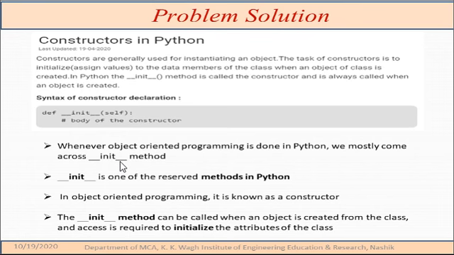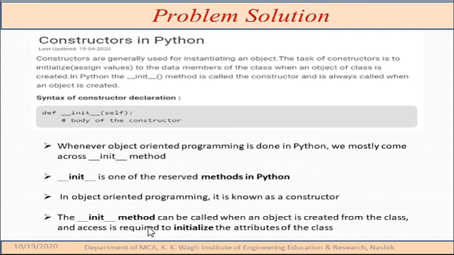Whenever a user implements object-oriented programming in Python, we mostly come across the init method. This method is used as a constructor, is one of the reserved methods in Python programming, and is known as the constructor here.